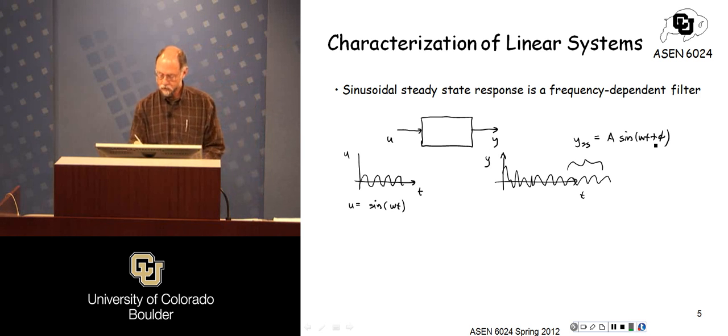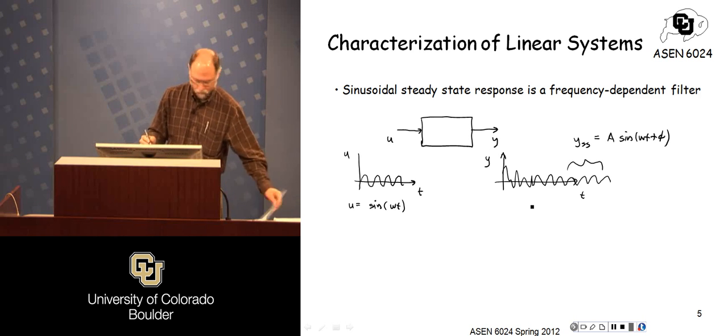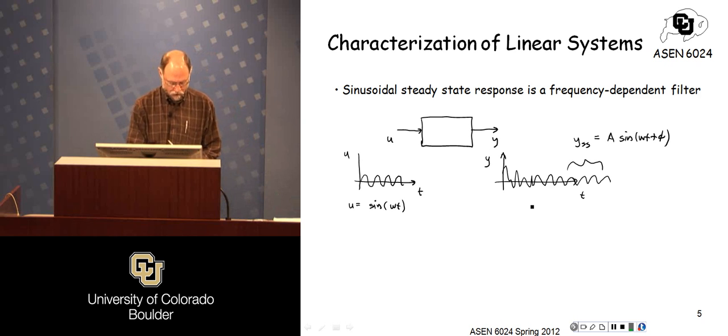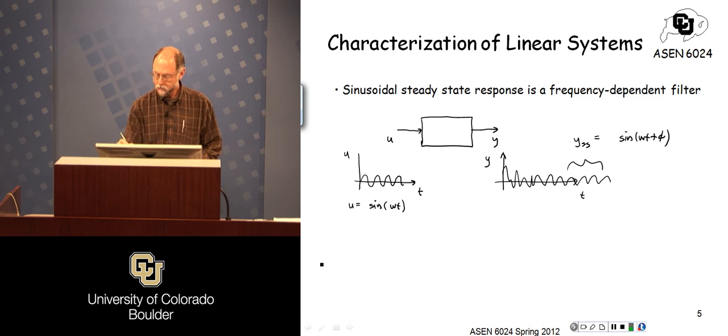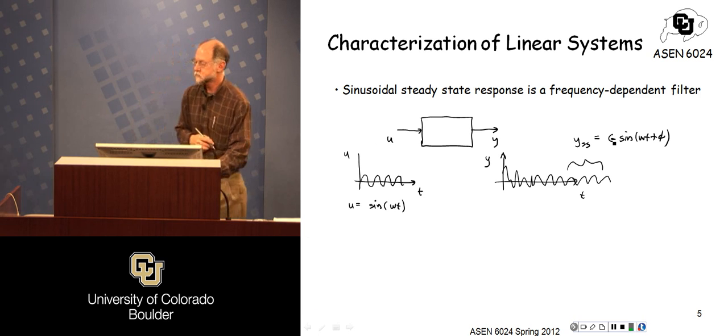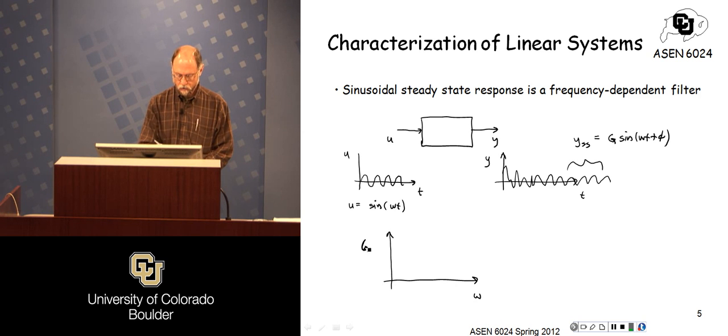Tell you what, let me not use A, because we've been using A for the state matrix. So to avoid as much confusion as possible, let's call that G. Generally, as a function of frequency omega, G here will change with frequency.